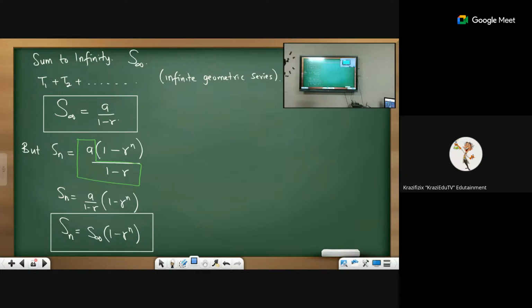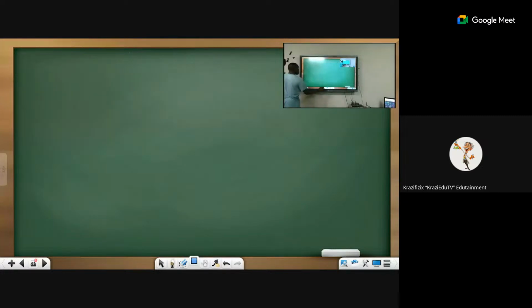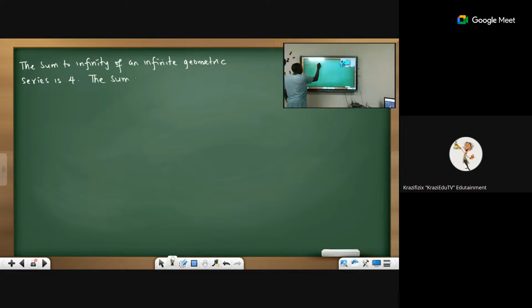Okay, here's this question. I want to just pose this question for you, and let's see how you are going to respond. The sum to infinity of an infinite geometric series is 4. The sum of the first 5 terms is 31/8.